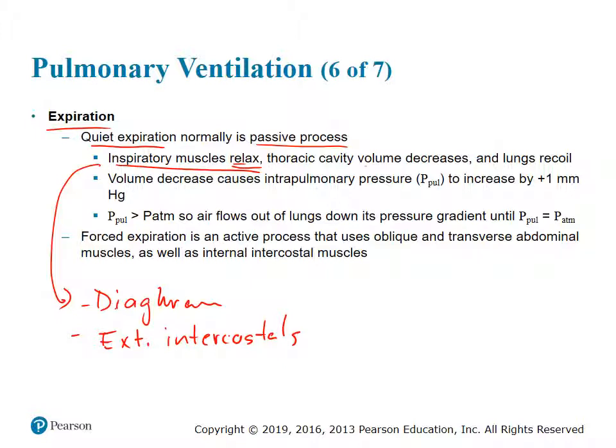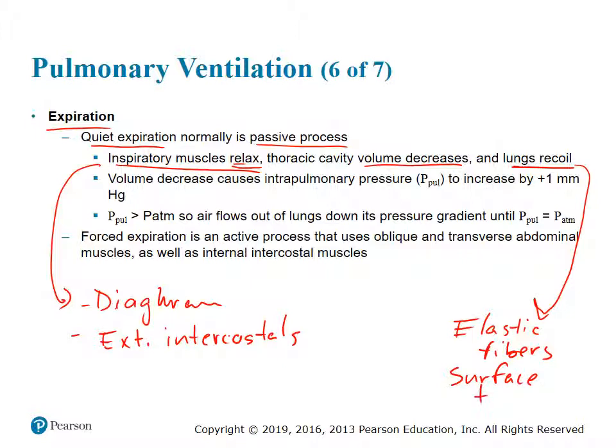The volume decreases. The lungs, because of their elastic fibers and that surface tension, also help to decrease the volume and blow out air, right?